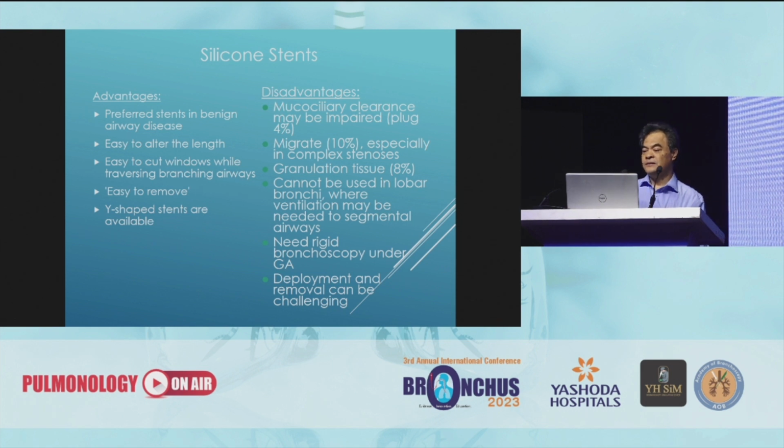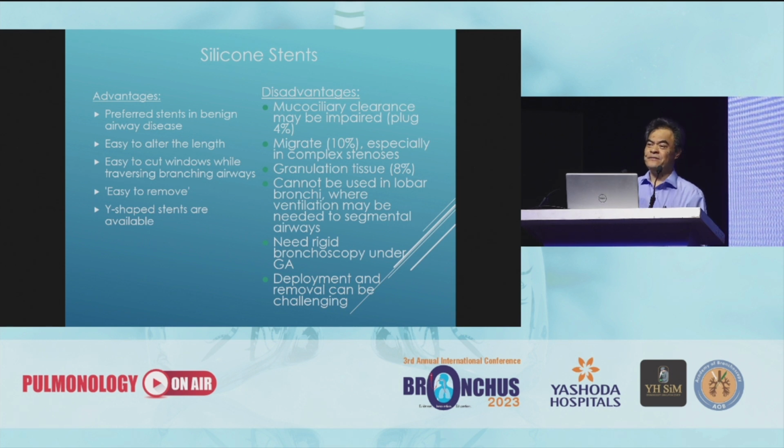So we know the pros and cons of silicone stent. It is the preferred stent in benign airway disease such as post-intubation and post-TB stenosis. And I think our colleagues in Korea published a lot of papers on silicone stenting in TB stenosis. And you can cut it. Easy to remove? I'm not quite sure.